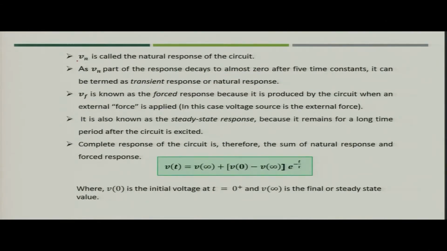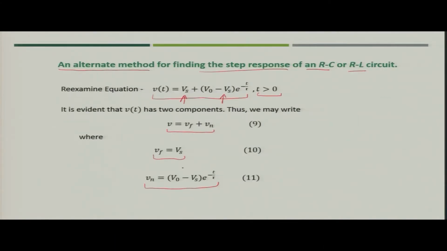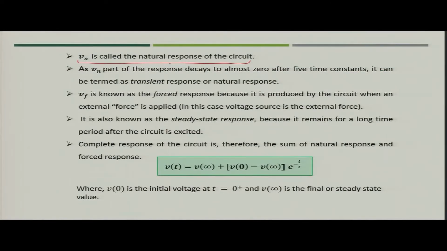Now, what is Vn? Vn is called the natural response of the circuit, because if you remember, the sourceless RC circuit equation which we derived was similar to equation 11, that is Vn equals (V naught minus Vs) times e to the power minus t by tau, and at that time we told that this is the natural response of the circuit.